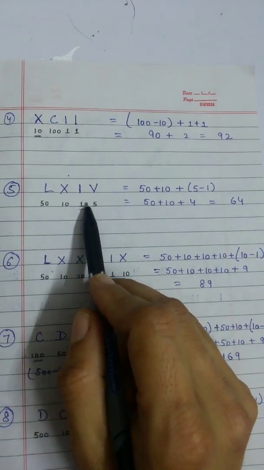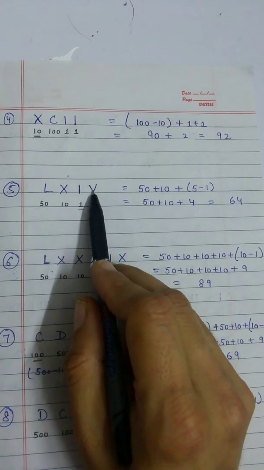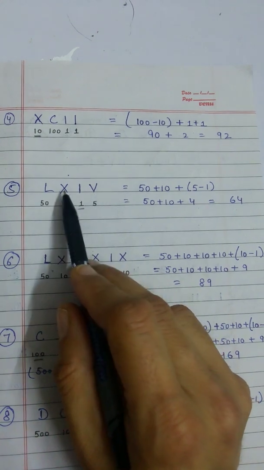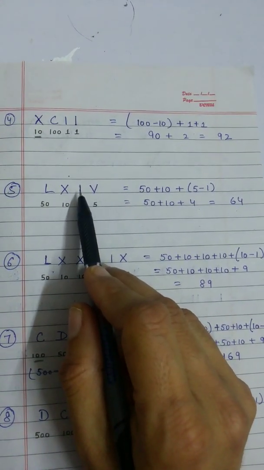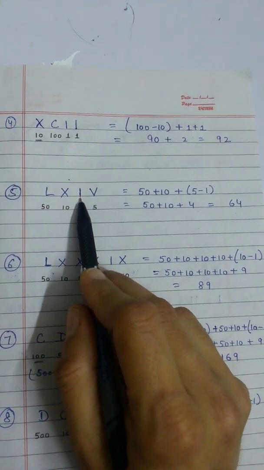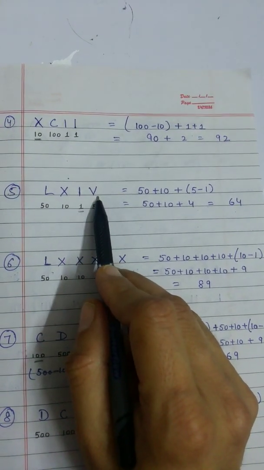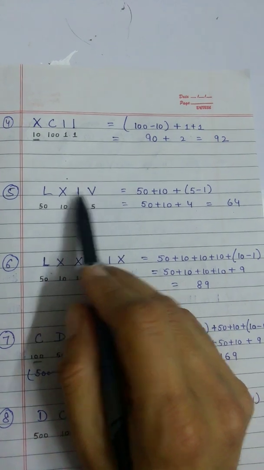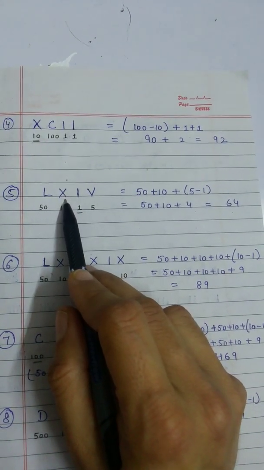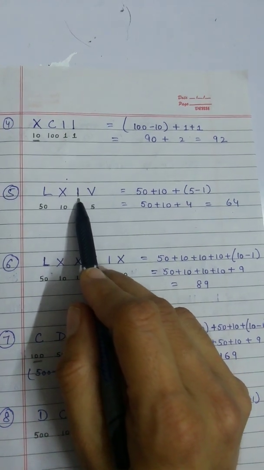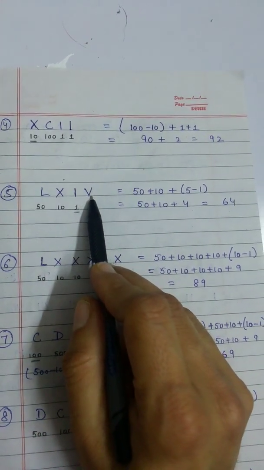So whenever a smaller symbol is between two larger symbols, the value of the smaller symbol is subtracted from the symbol on its right. It is not added to the symbol on its left, but it is subtracted from the symbol on its right.